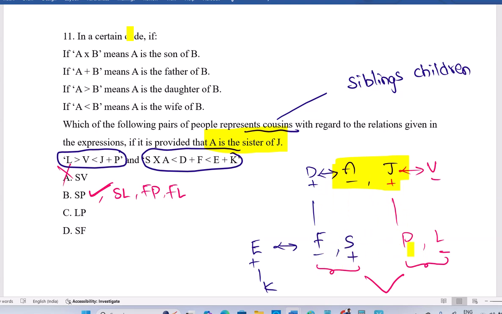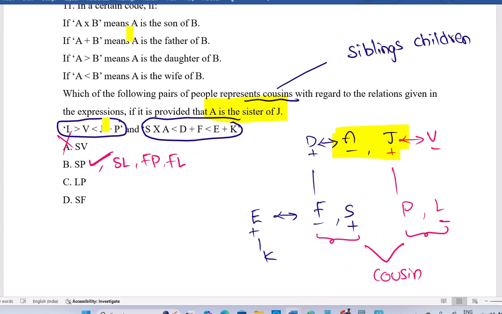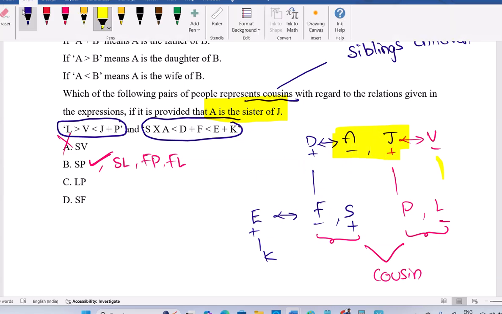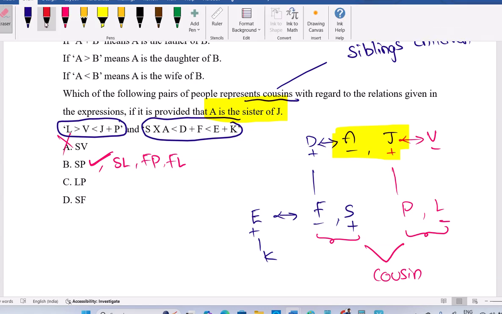F is cousin to P, F is cousin to L, L is cousin to F, L is cousin to S. So these are cousins. Drawing the diagram for L, V, J, P and for this set of things, and they given A is sister of J. If you map that also, we got this entire arrangement. Now, among the options, which is the cousins' pair is the question. Got it?